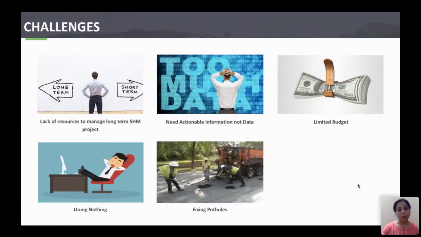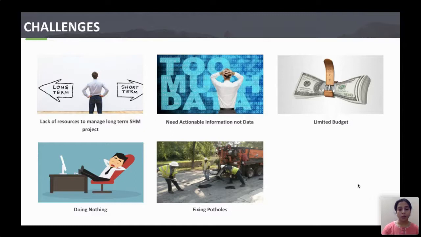Then there is sort of a political reason, I would say. For example, fixing the potholes has more visibility than doing structural health monitoring, because structural health monitoring has comparatively less visibility. So people tend not to do SHM.